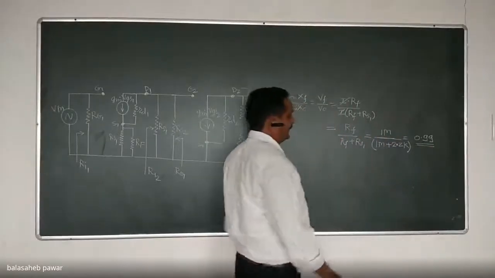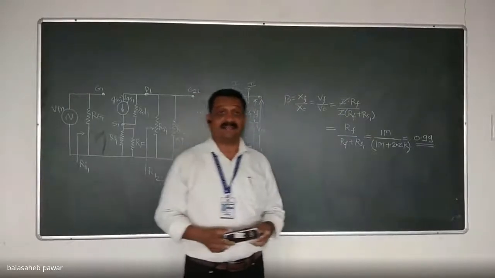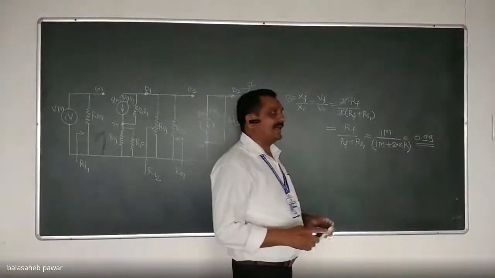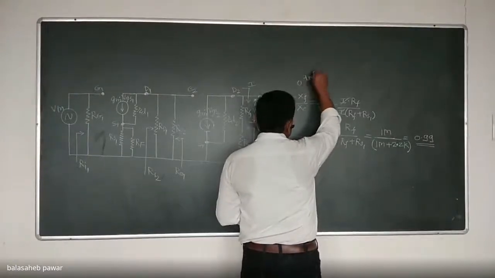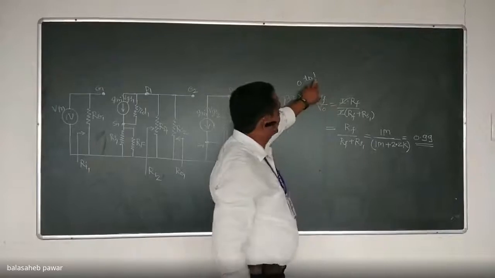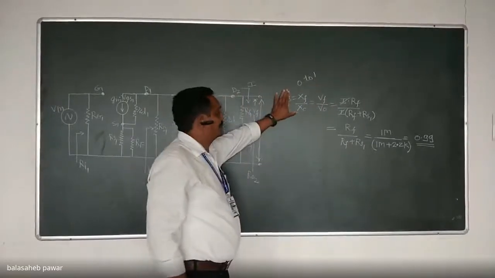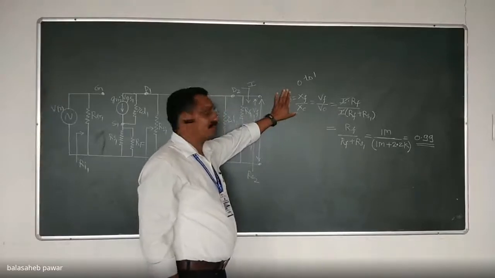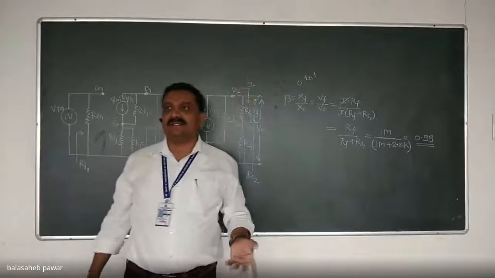Now at your end, how will you verify whether what you calculated is correct or wrong? As you know, the beta factor always lies between 0 and 1. It will not exceed 1, because the feedback network is a passive component, and its output will never exceed its input.